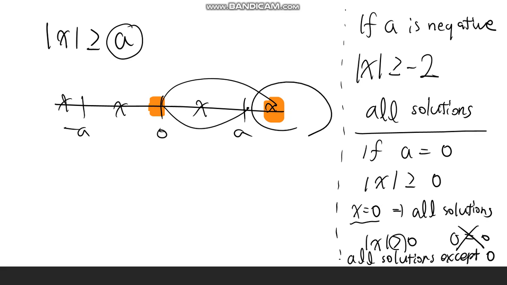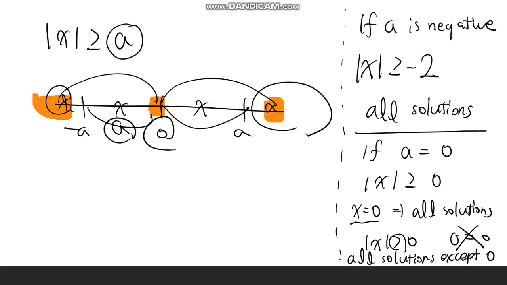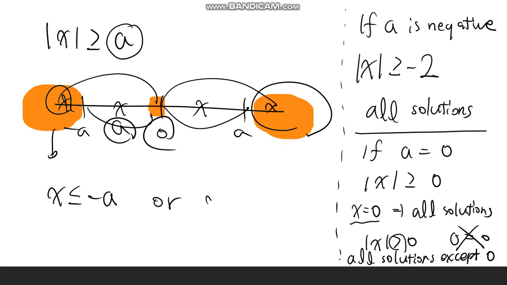Therefore, our x should be here, and the distance between x and 0 should be greater than a, so our x should be here too. Both of these qualify as solutions. Therefore, the answer is x should be less than negative a, or x should be greater than or equal to a.